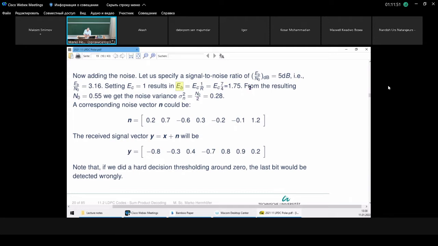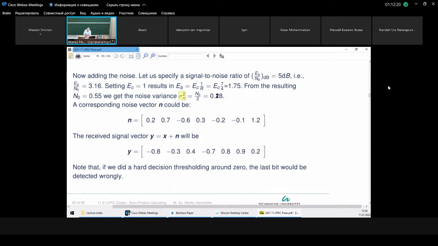Okay, and with this energy per bit and the signal to noise ratio, I could calculate the N0, the noise power spectral density. And from this, the noise variance that I actually need to model the noise process. If the signal to noise ratio becomes smaller, this noise variance will increase.